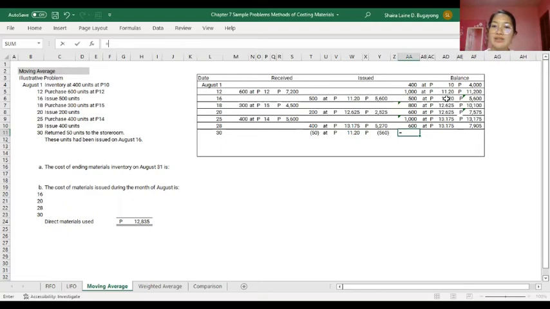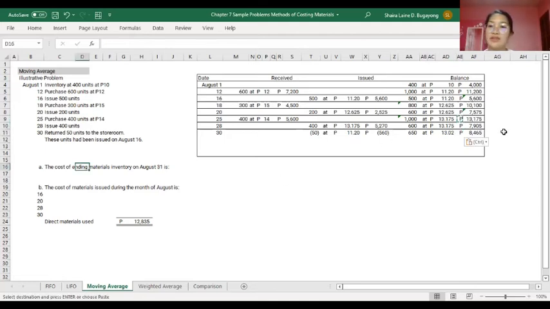Okay, so our balance now would be 600 plus ang 50. So unit cost dayon will be ang kani, 7,905 plus 560. Okay, so unit cost will be 8,465 divided by 650. So that is 13.02. Okay.